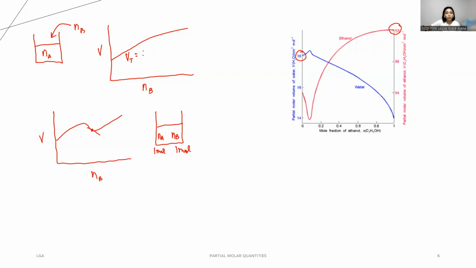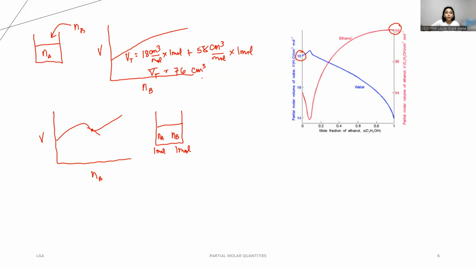So the total volume would be 18 cm³/mol times 1 mole of water plus 58 cm³/mol times 1 mole of ethanol, and you would arrive at a value of 76 cm³ of solution.